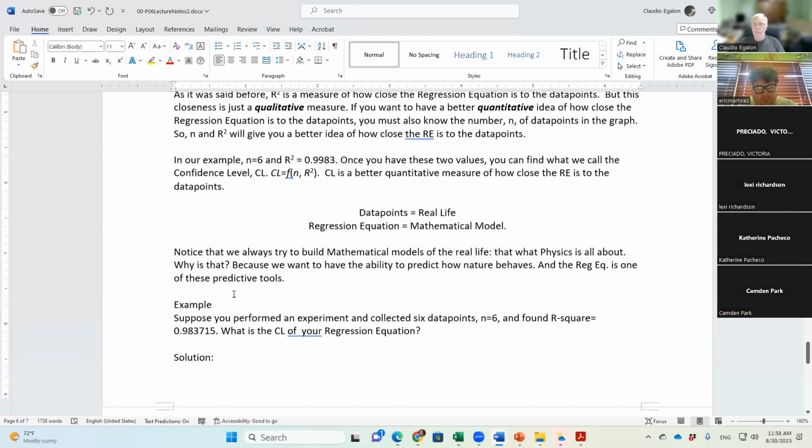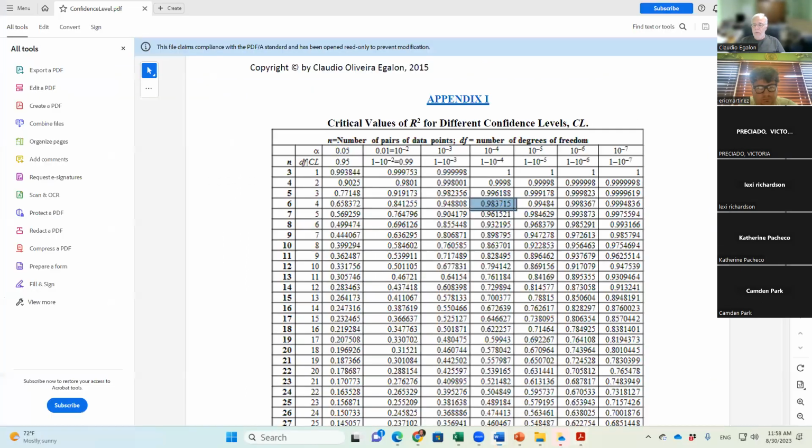Solution. Going back here, n equal to 6. You're lucky enough, you got an R square equal to 0.983715. And then what you got? You have a CL that's equal to this value here.